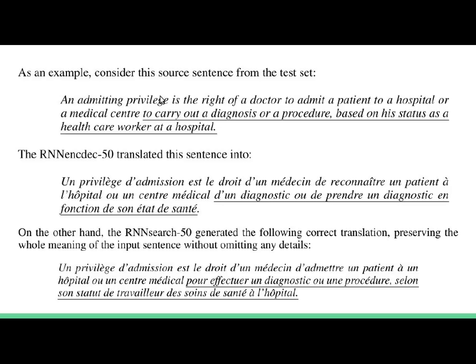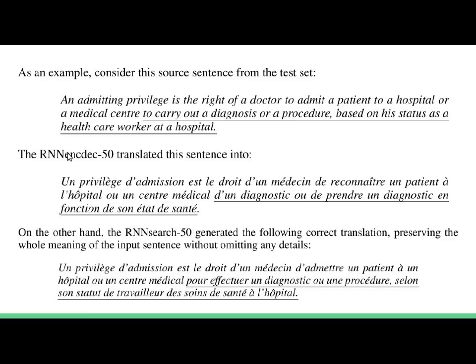An admitting privilege is the right of a doctor to admit a patient to a hospital or a medical center to carry out a diagnosis or a procedure, based on his status as a healthcare worker at a hospital. So that's his status as the doctor.